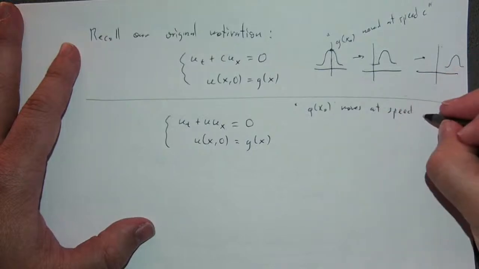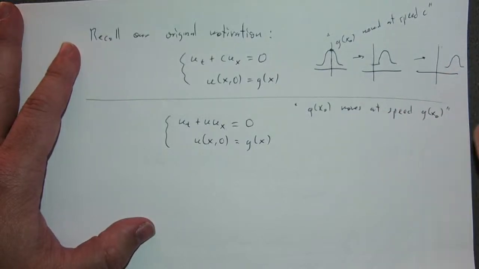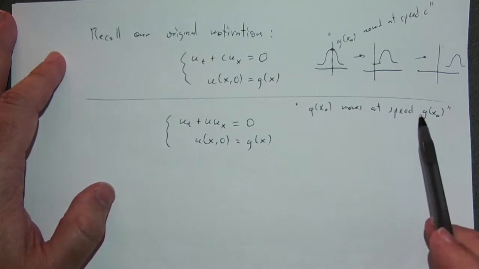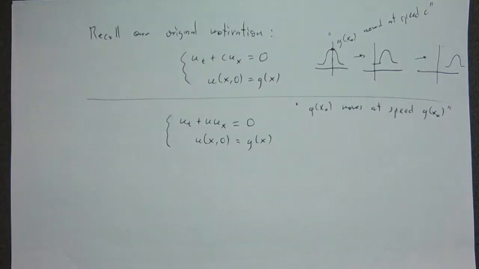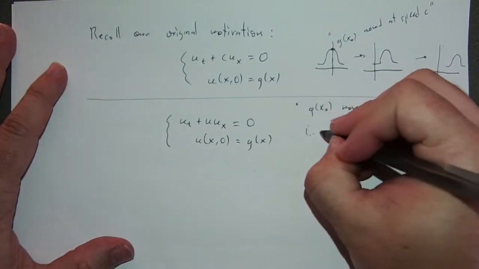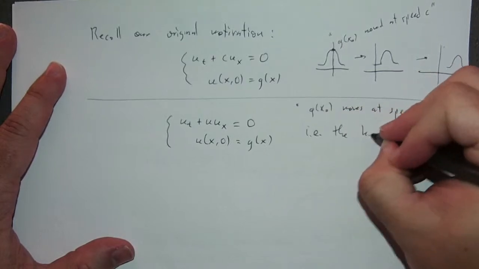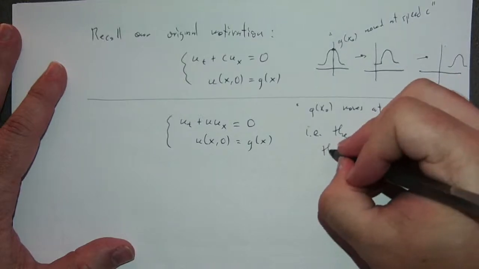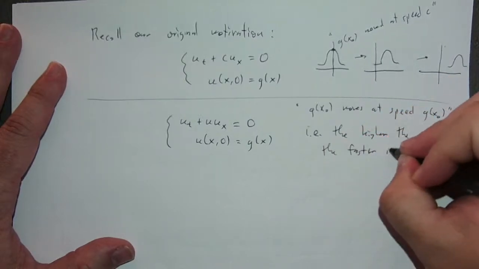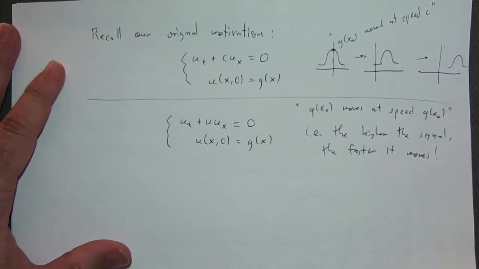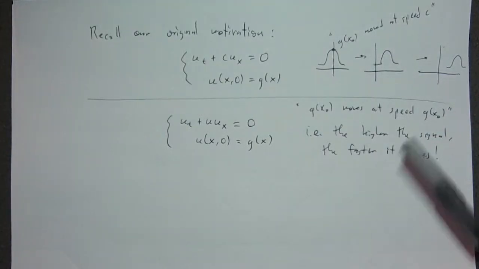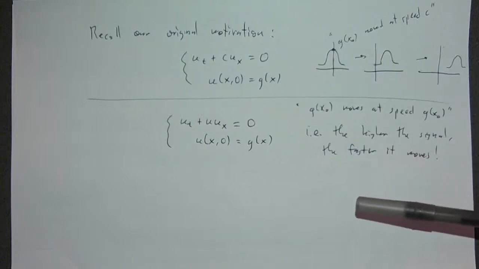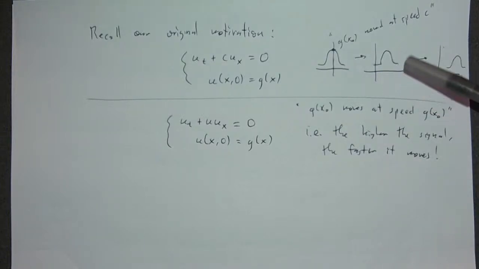So g of x naught moves at speed g of x naught. So this initial signal moves at speed determined by the height of the initial signal, i.e., the higher the signal, the faster it moves. The higher parts of this graph of the function move faster than the lower parts.